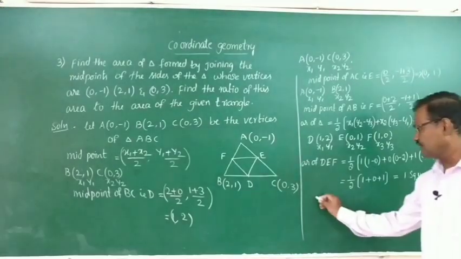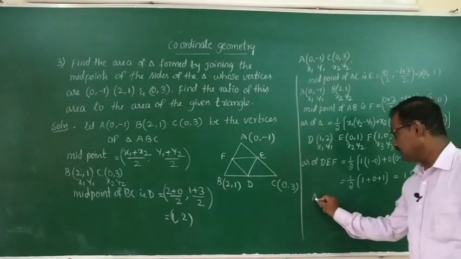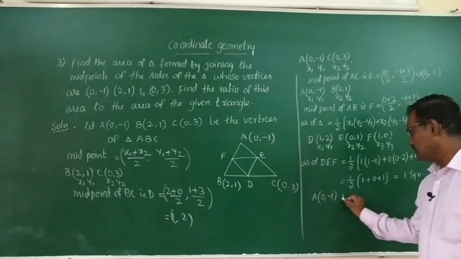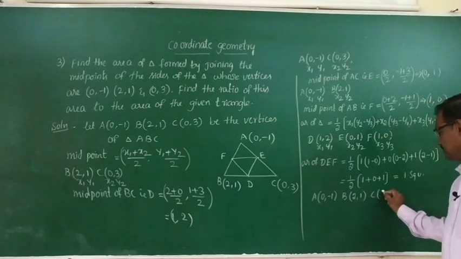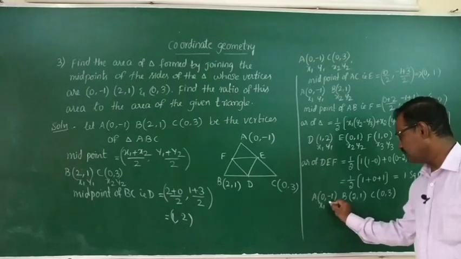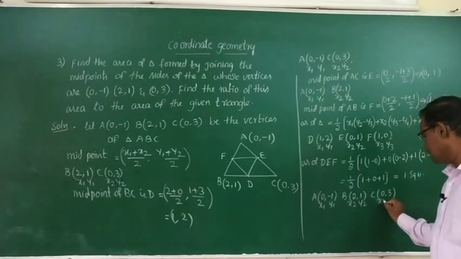Now I want to find the area of triangle ABC. Let us take once again the points A (0, minus 1), B (2, 1), C (0, 3), as x1, y1, x2, y2, x3, y3.